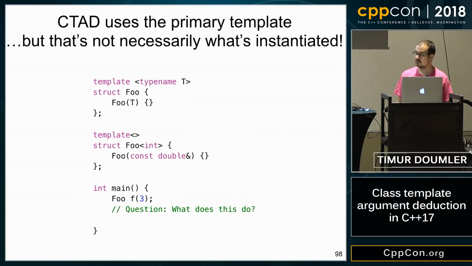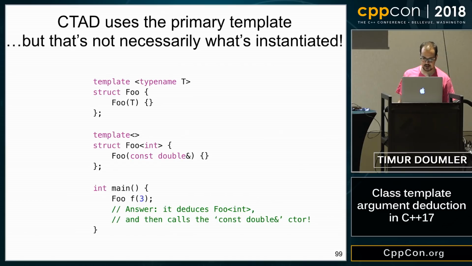Yes, exactly. What's going to happen is CTAD is going to look into the primary template, because that's what it does. It's going to find the Foo T constructor, and it's going to deduce T is an int. Phase one is done, and now you actually create the object. During this phase, which is independent, we have Foo int, that's the type we deduced, and there's a specialization Foo int. So we're going to create a Foo int.